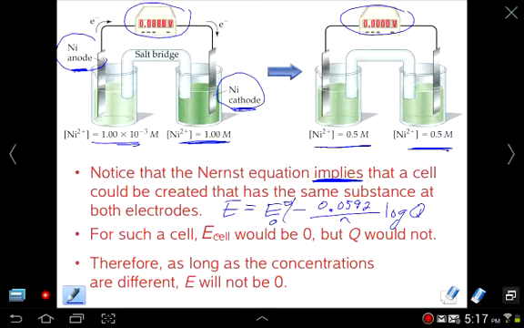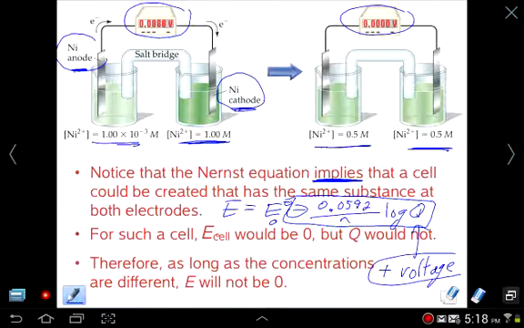But because this portion right here is not 0, it will give you a voltage still, especially if Q is a tiny number. You'll get a negative because the log of a tiny number is negative, and then you'll end up multiplying two negatives together and you get yourself a positive voltage. So you can actually still get your cell to run with a positive voltage, and that's kind of the idea. Alright, so this will wrap up for us.